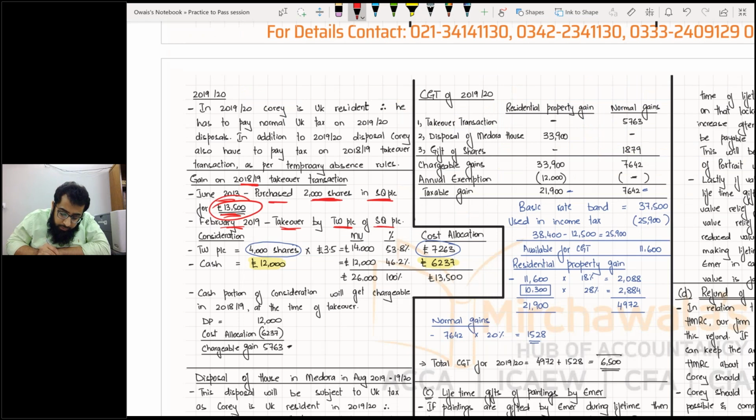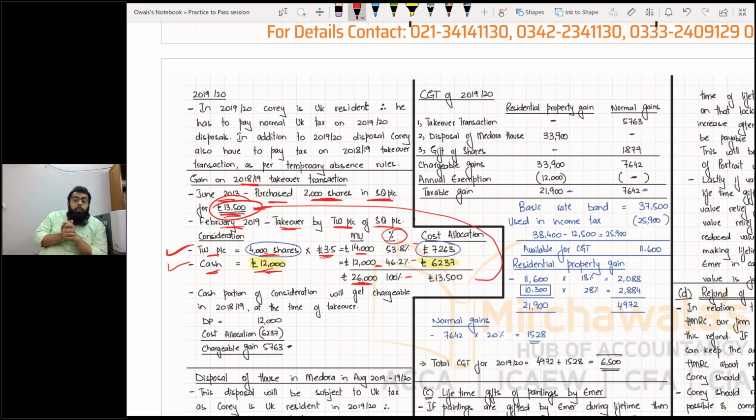What was the consideration? Shares and cash: 4,000 shares and cash. The value of the shares, the value of the cash, the total value. You calculate the percentage, and then this cost of 13,500 is allocated.